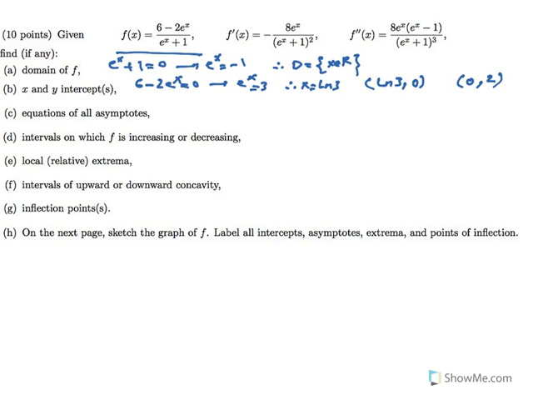Equation of asymptotes. If x approaches negative infinity, e to the power of x approaches 0, therefore y approaches 6.